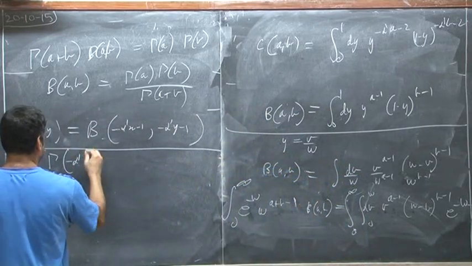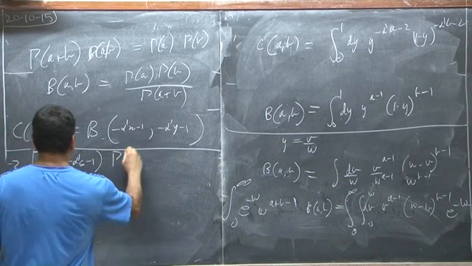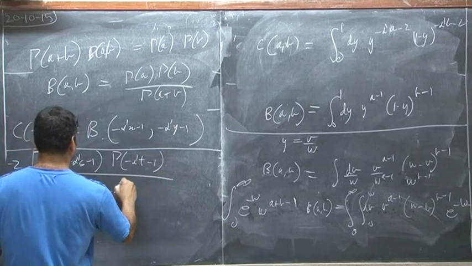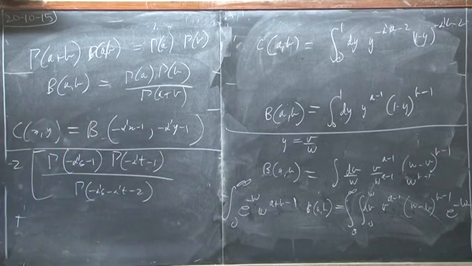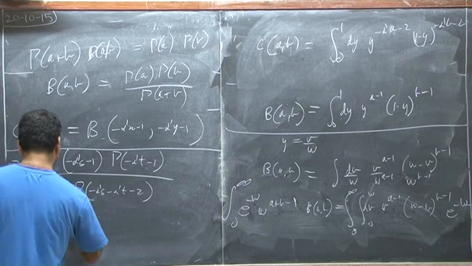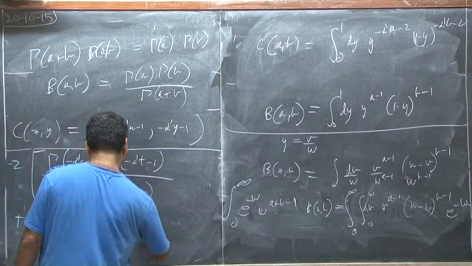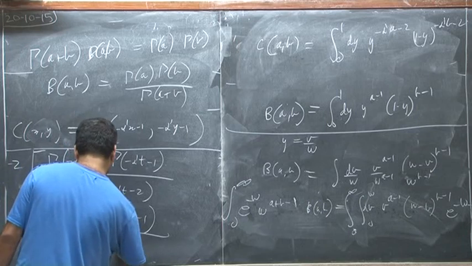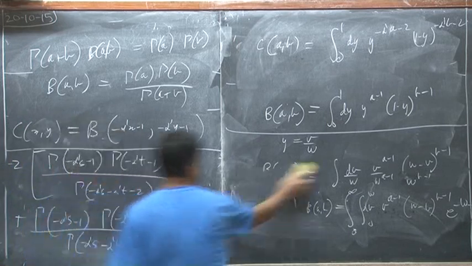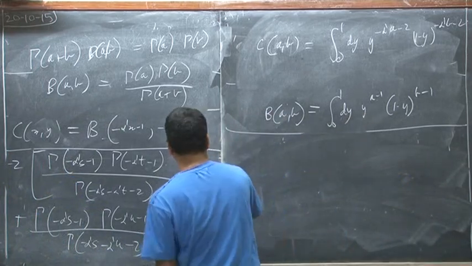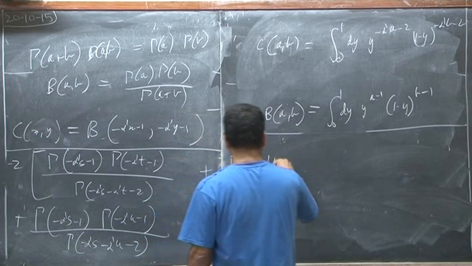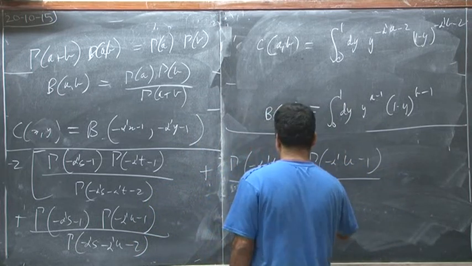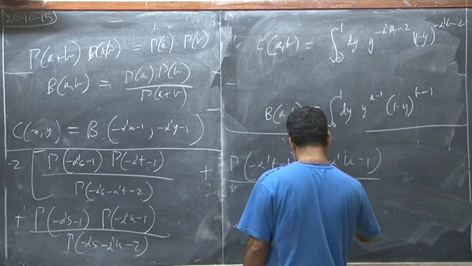Gamma of minus alpha prime s minus 1, gamma of minus alpha prime t minus 1 by gamma of minus alpha prime s minus alpha prime t minus 2, plus gamma of minus alpha prime s minus 1 gamma of minus alpha prime u minus 1 by gamma of minus alpha prime s minus alpha prime u minus 2, plus gamma of minus alpha prime t minus 1 gamma of minus alpha prime u minus 1 by gamma of minus alpha prime t minus alpha prime u minus 2.